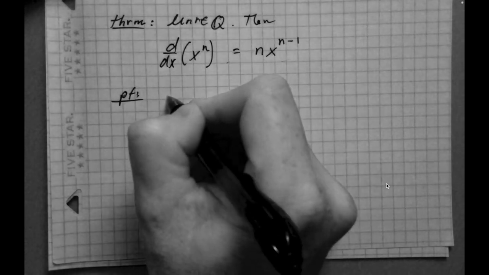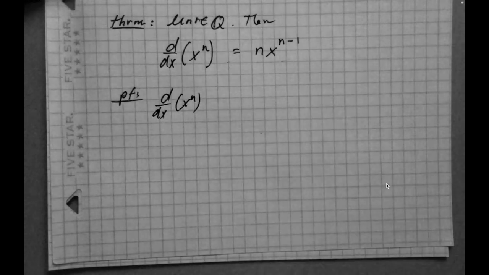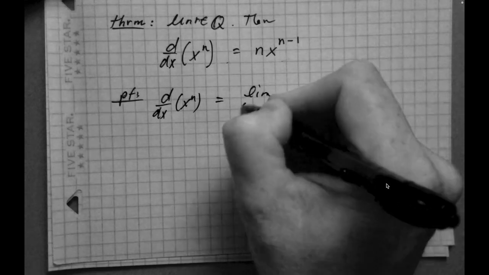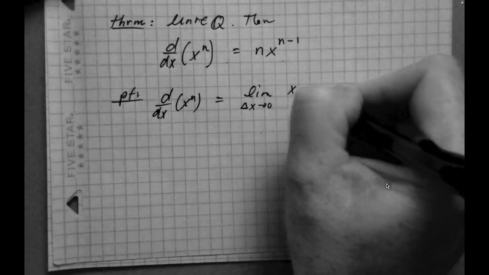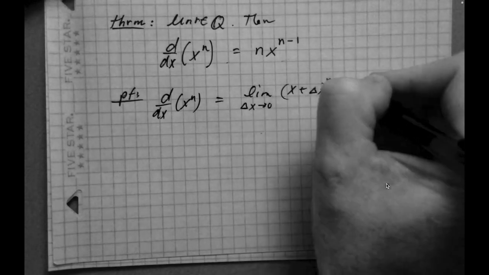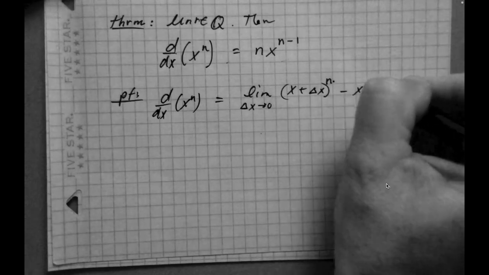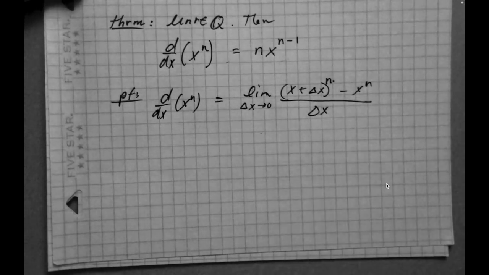So the derivative of x to the n with respect to x, again plugging in the definition, is x plus delta x to the n power minus x to the n, all divided by delta x.